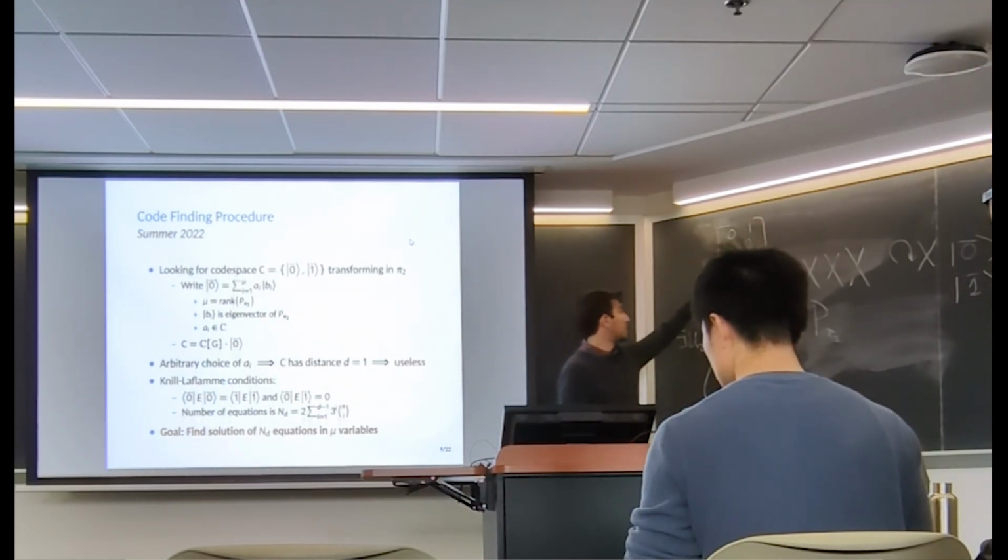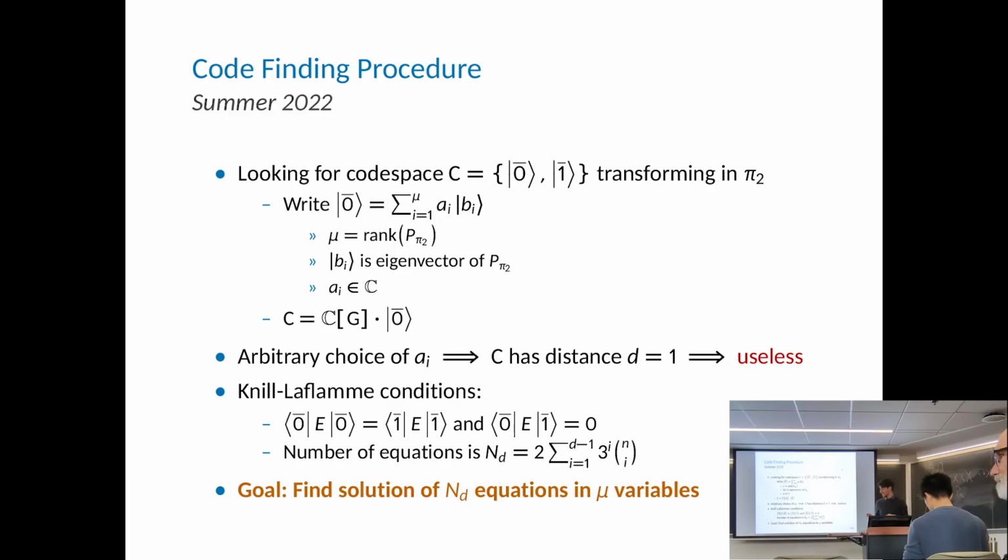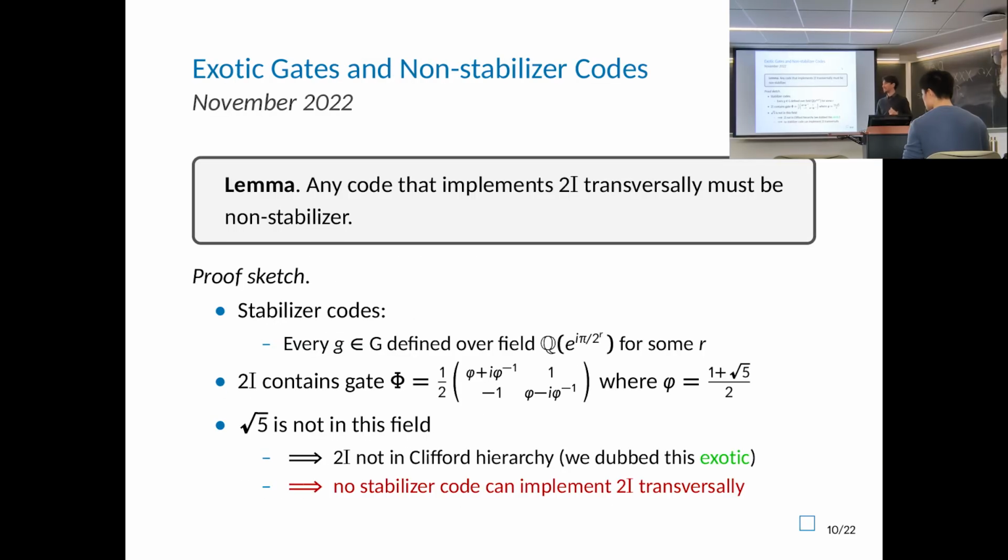So you could also have just the identity matrix, but that doesn't do anything. So the 3 is for the Pauli gates, and then you could put them in a bunch of different locations. So there's just some big number. And ultimately, you want to find a representation that satisfies this big number of conditions, which seems hard. In fact, it's hard.